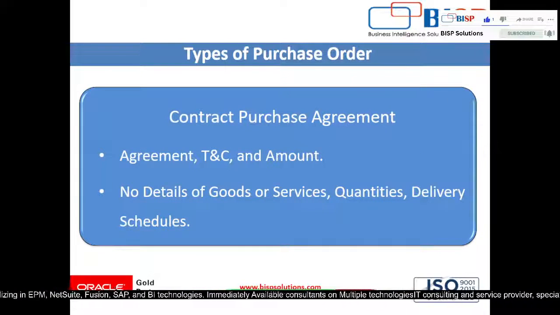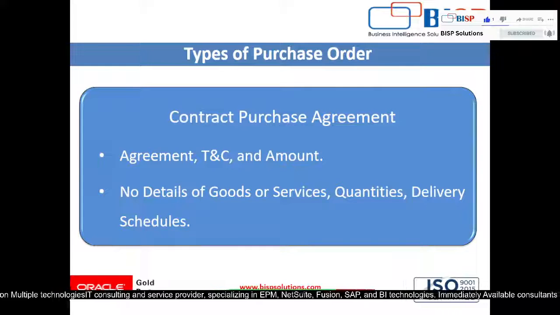The last is the contract purchase agreement. In this agreement, we require the agreement-related information, terms and conditions, and the amount, right? No need for details about the goods and services, item number, item quantities, or delivery schedules. So these are not required fields for the contract purchase agreement, right?